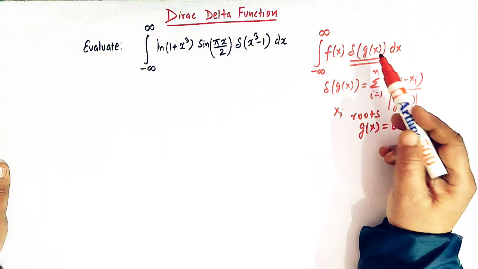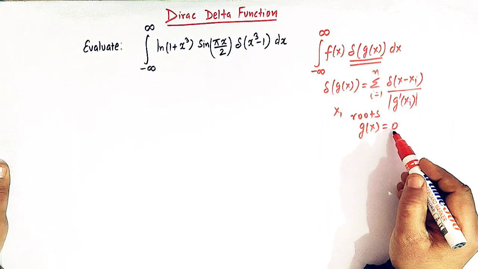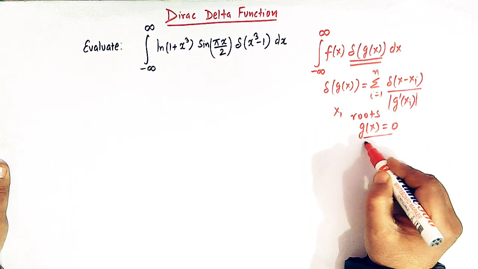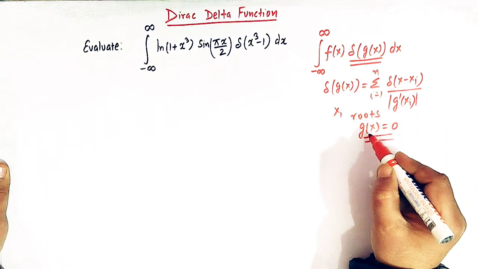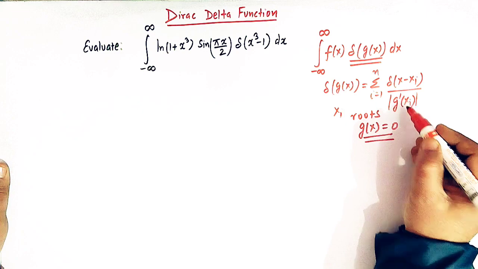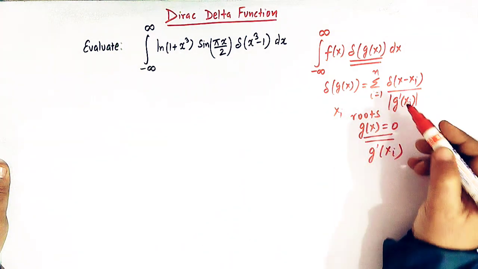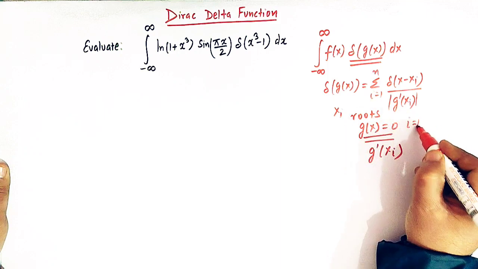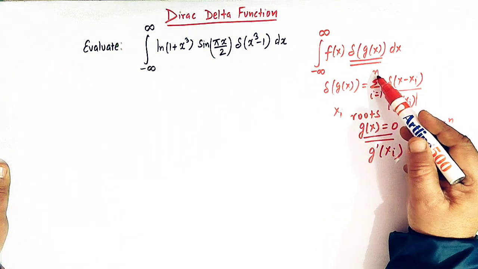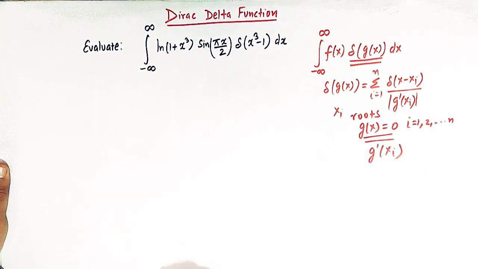So we solve the equation g of x is equal to 0, and the xi's are the roots of this equation. Then we find the derivative of g of x and calculate g prime of xi, where i runs from 1 to n, considering the n roots of the equation g of x is equal to 0.